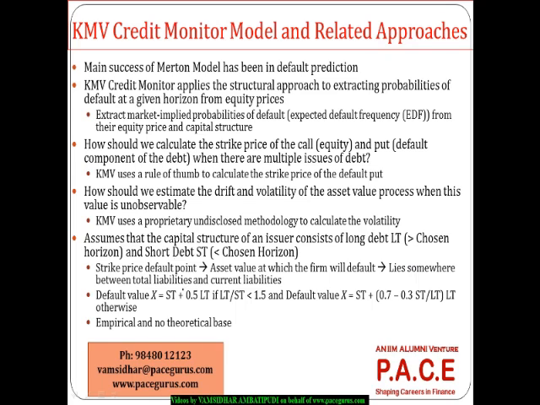They started coming out with an empirical result saying that the default value is nothing but the short-term debt plus 50% of long-term debt, if the long-term to short-term ratio is less than 1.5, and otherwise they said short-term debt plus this.